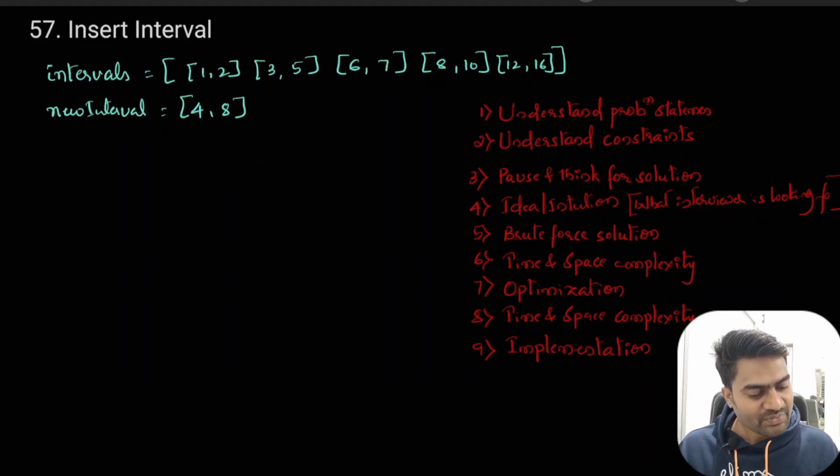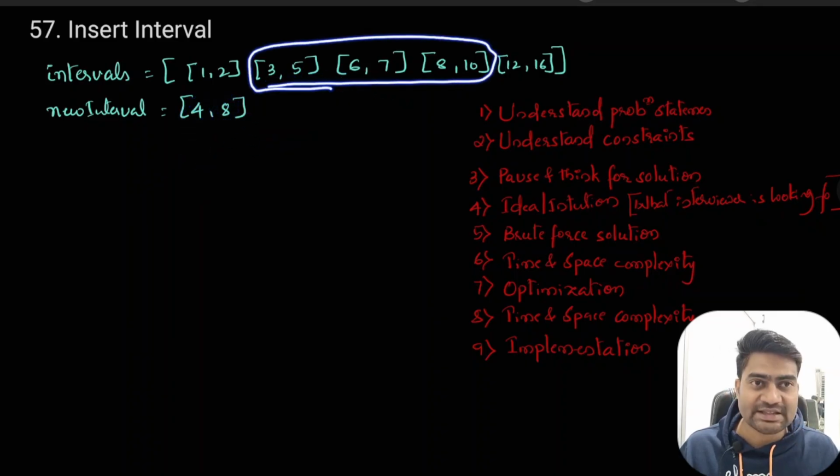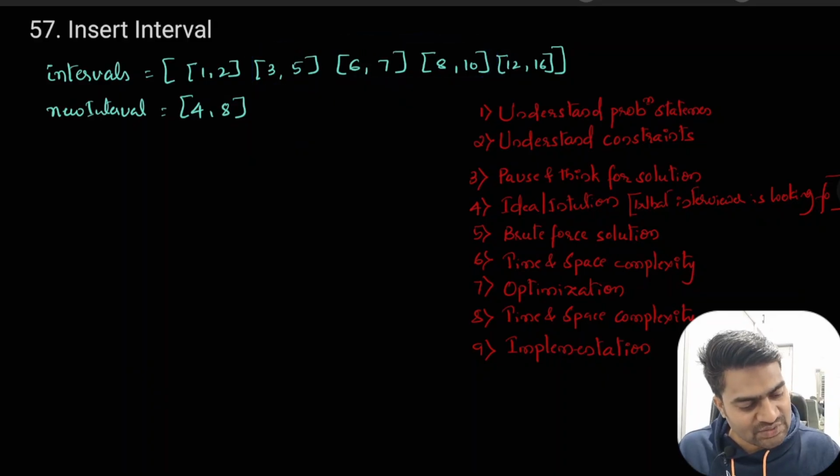Okay, so with that, if you see 4, 8, we can insert it somewhere here, correct? Because 4 lies between 3 and 5, and 8 lies among these three intervals. So now our merged intervals become 1, 2, because this does not merge.